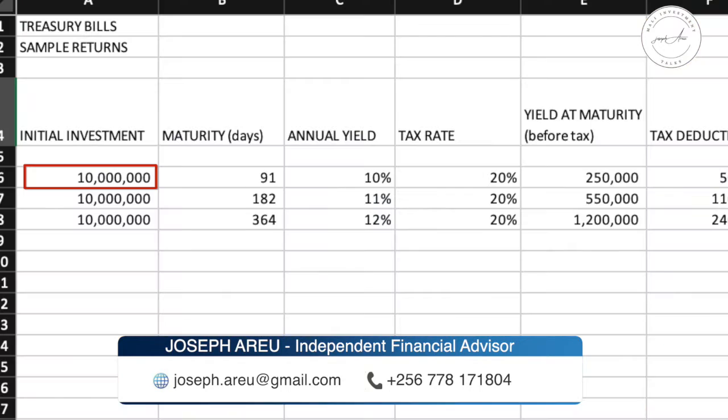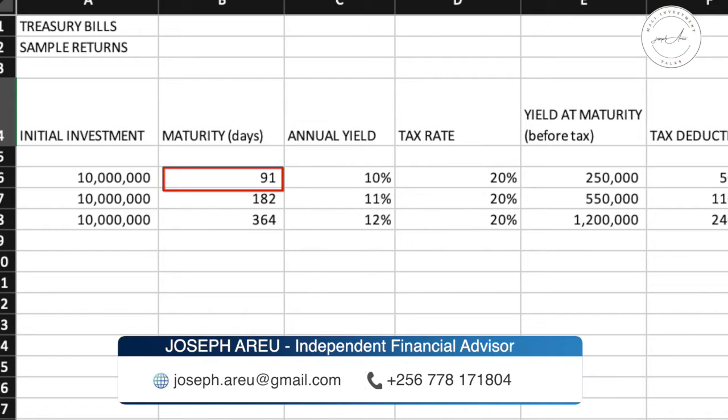So I want us to explore possible returns. If you invest at a particular rate, how much money do you expect to earn? Let's assume that you invest 10 million shillings today for 91 days, that is 3 months.